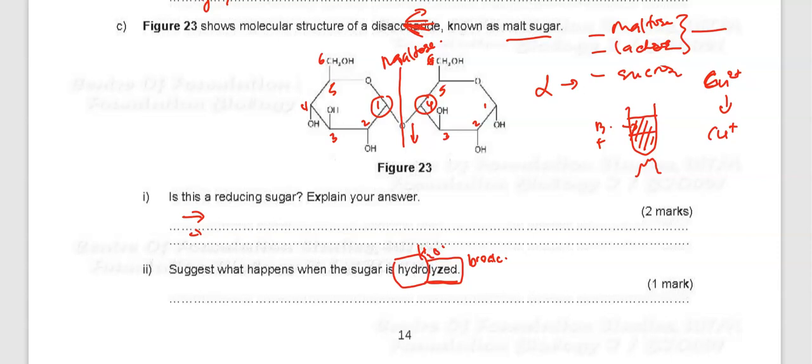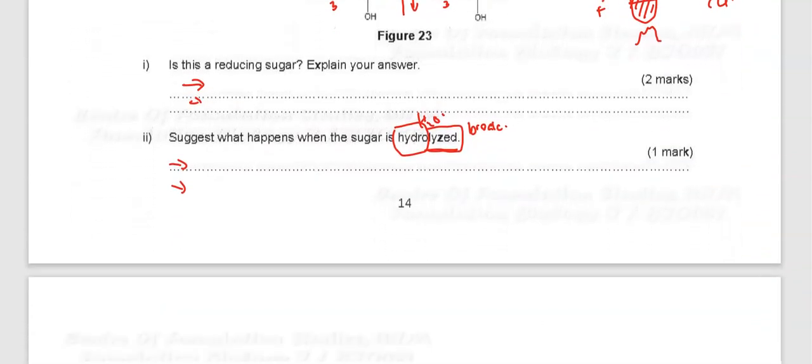So you can write that the glycosidic bond is broken for 1 mark, or the product, which produces 2 glucose molecules, or 2 monosaccharides separate.